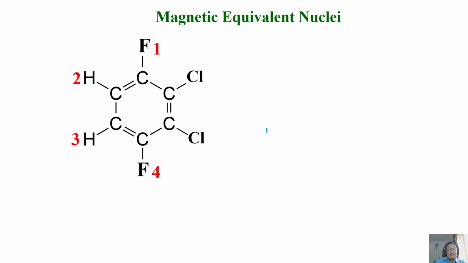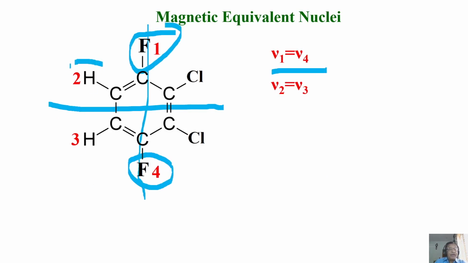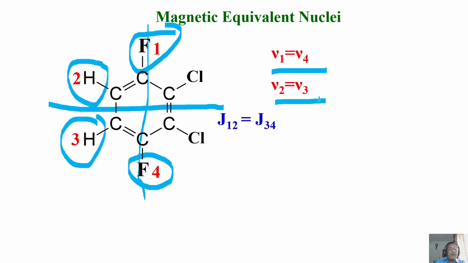Look at this molecule now. This is 1,4-difluoro-2,3-dichlorobenzene. Is there a symmetry axis here? Yes. One along this, one along this. There are 2 symmetry axes. As a consequence, nu1 is equal to nu4. Fluorine 1 and 4 are equal, and proton 2 is equal to proton 3. Nu2 is equal to nu3. And what about J12? J12 is equal to J34.